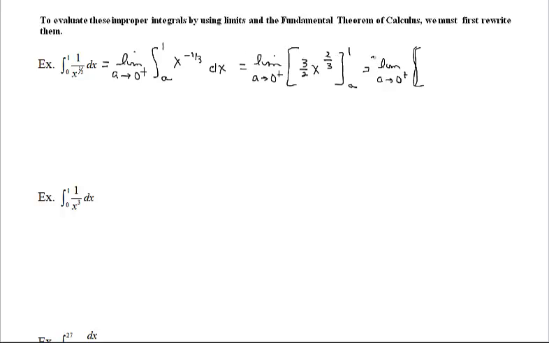I'm going to get that out of the way, and I'm going to put it in front of the limit. So it's 3/2, limit as A approaches 0 from the right. Okay, and I'm going to plug in 1 and A for x. So I'm going to have 1 to the 2/3 minus A to the 2/3.